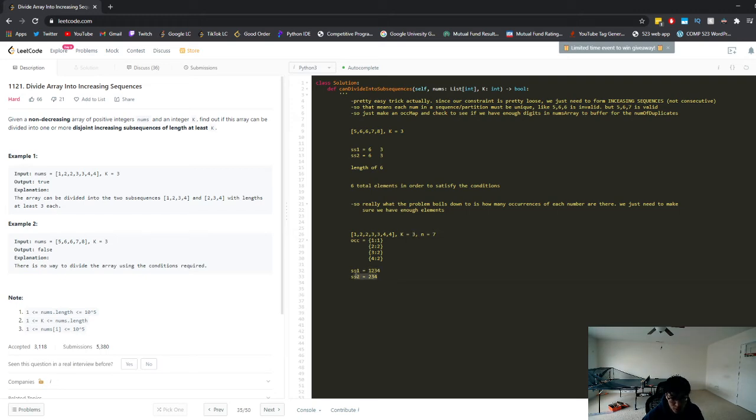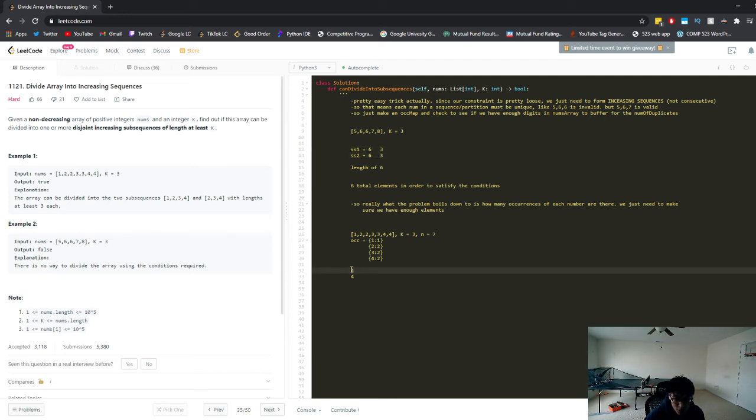So another way to check for this, we don't actually have to simulate creating these. We don't have to actually create the subsequences. All we have to do is check each of the numbers for their occurrences, similar to how we partitioned it in the first example.